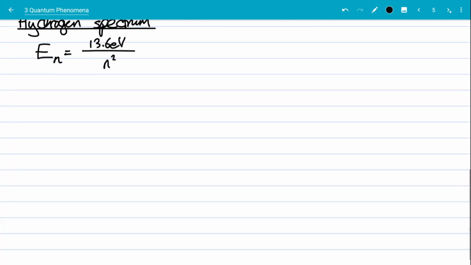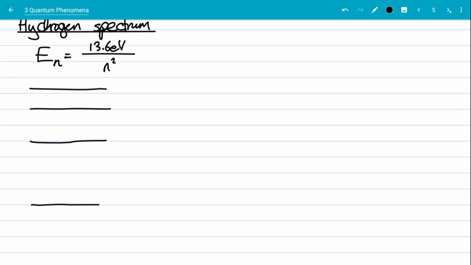So we were able to produce our energy level diagram, and I'll do that here with just a few levels. I'm not going to do loads of them. We've got n equals 1, and that is at negative 13.6 electron volts.